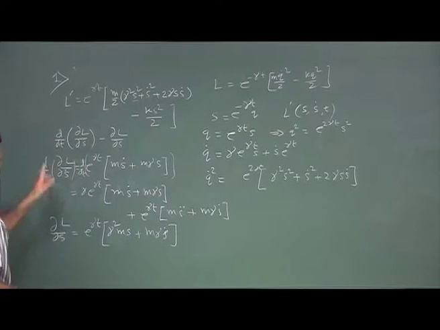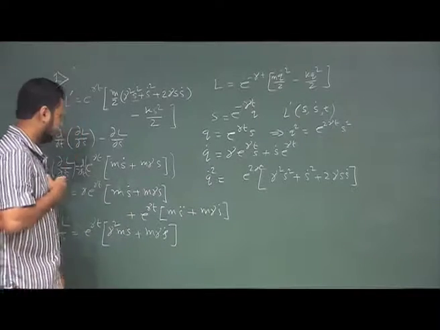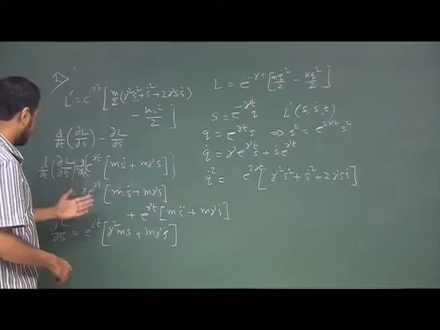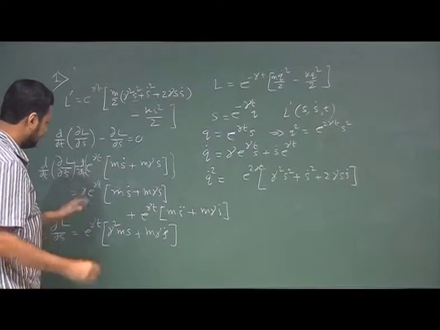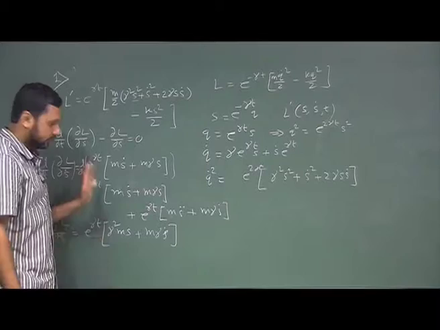Right. So, if I subtract one from the other just to get the final equation, this will be equal to 0, and you will definitely get the final form. So, I am leaving it to you.